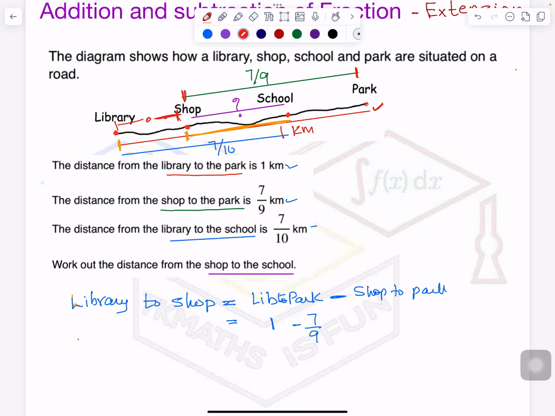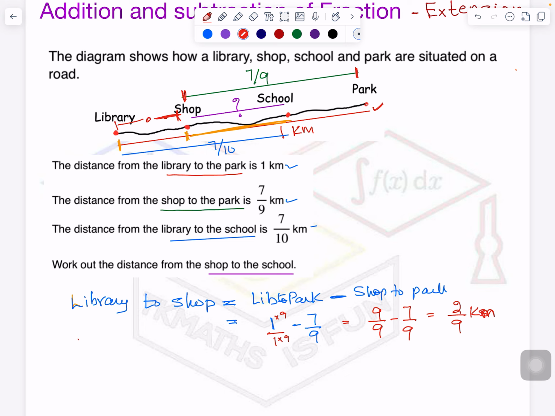And like I have explained in the previous video, previous question, when there is no denominator, it is 1. So in short, it is 2 over 9 kilometer, library to shop.